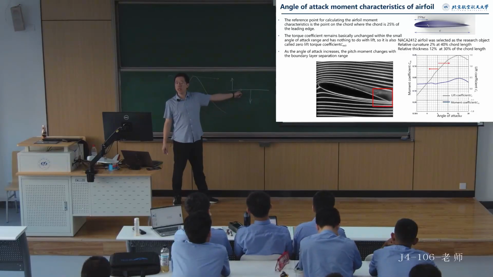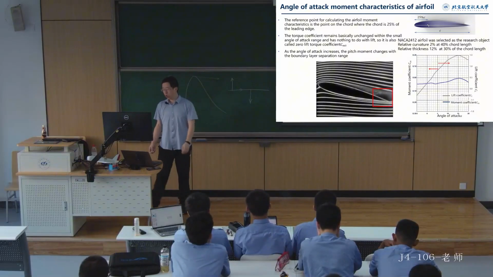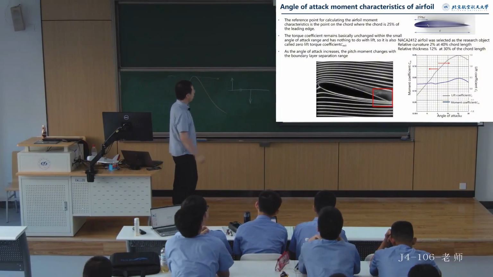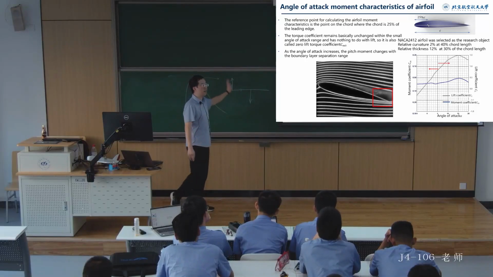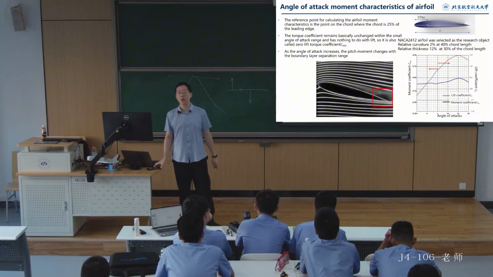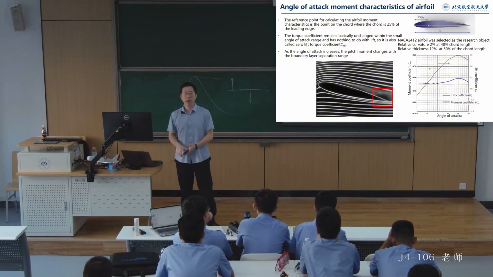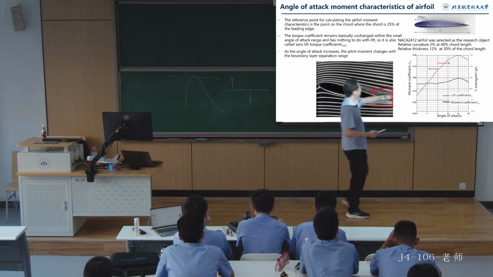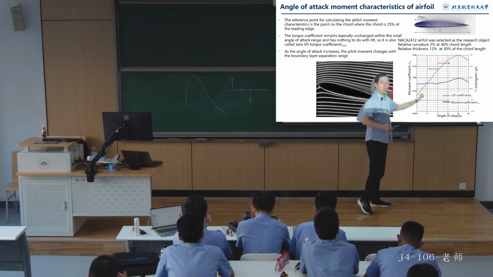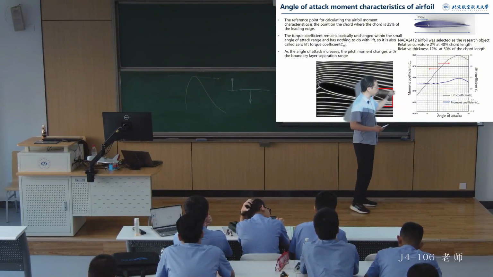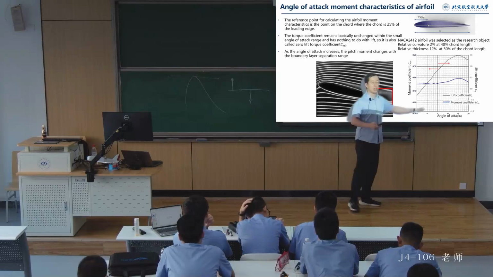Is the moment 0 at this point? So, as long as there is a pair of force couples, what is called a force couple is when they are equal in magnitude and opposite in direction. With such a pair, isn't there only a moment without force? Right. So, why is there a moment when the lift of the airplane is 0? It's because of the existence of such a force couple, or rather countless pairs of force couples, that this moment is created.